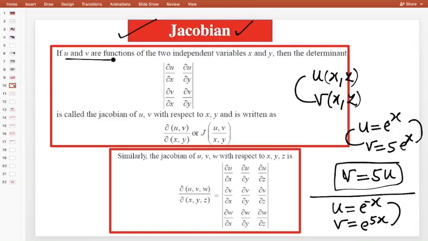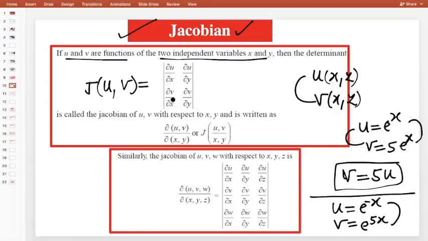Let's suppose u and v are functions of two independent variables x, y. Just see how we can calculate the Jacobian of u, v. This is very simple. u and v are both functions of x and y, right? So the Jacobian is nothing but: first we differentiate u with respect to x and y and write it in the first row, so del u by del x, del u by del y. Second, v: del v by del x, del v by del y.